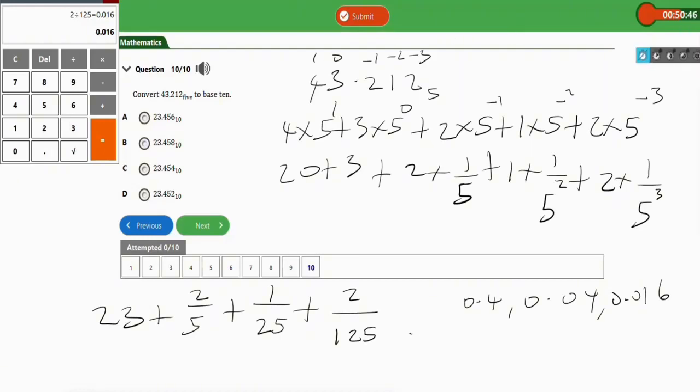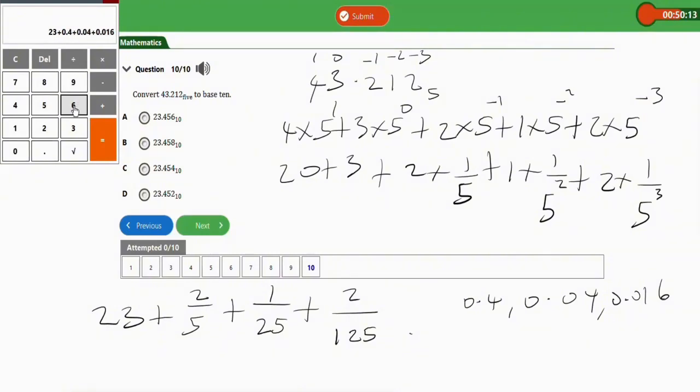Let's add everything together, guys. So it's going to be 23 plus 0.4 plus 0.04 plus 0.016.